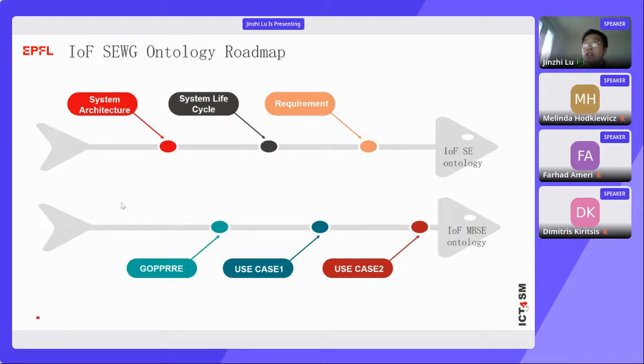And currently, we have one initial ontology. We call it the GOPPRR ontology, to represent different system architecture, I mean, different architecture models. We already have several European projects to support and verify our ontology.